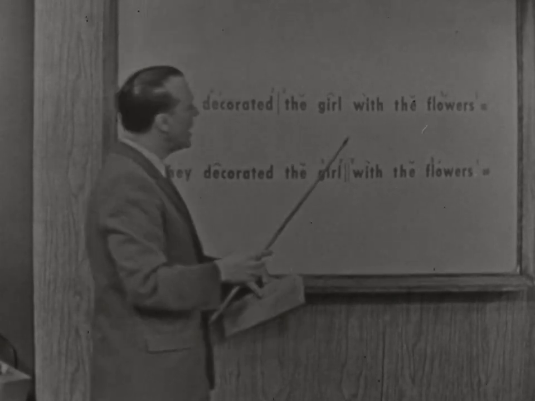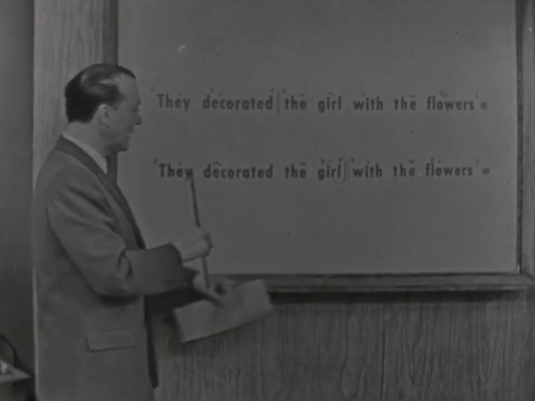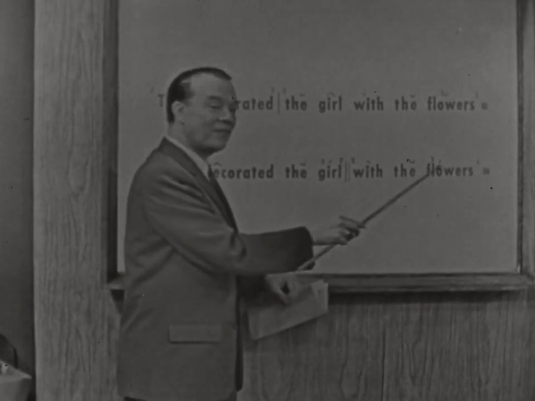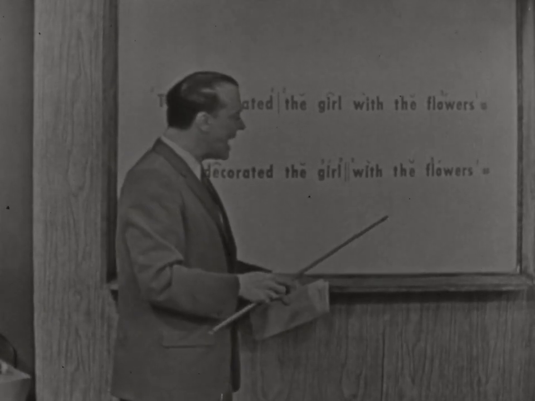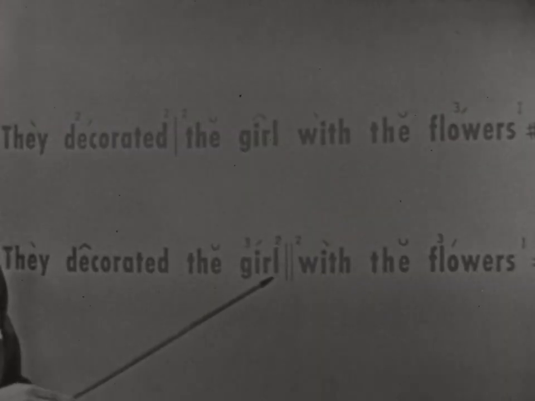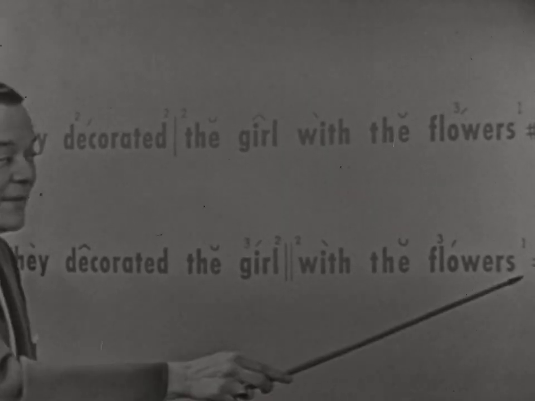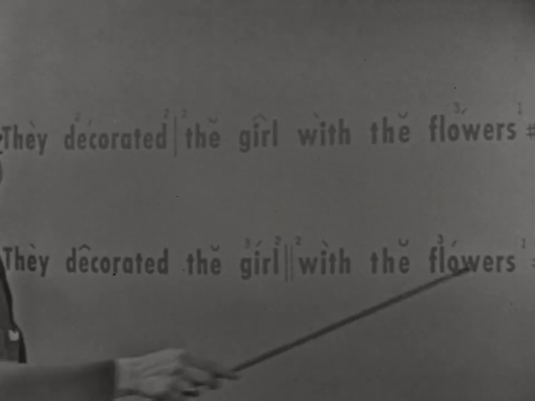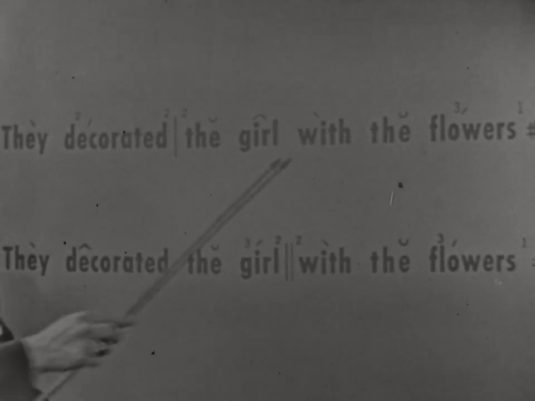All right, now, when I say, in contrast to this, "They decorated the girl with the flowers," what have I said? I've said something quite different. I have said that at this point, I have ended the actual direct object, and that this particular item now, with the flowers, is in quite a different relationship than before. What did it mean up here?